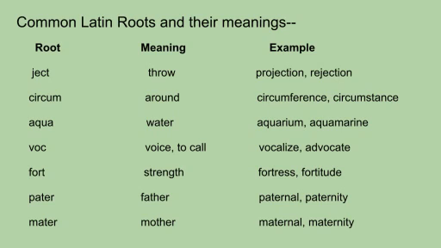First one is J-E-C-T, ject. This means to throw. An example would be projection or rejection. The next one is circum, which means around. You can find that in words such as circumference and circumstance.